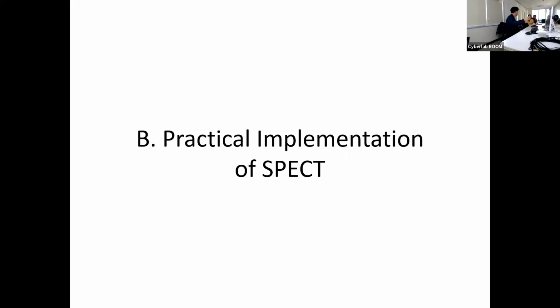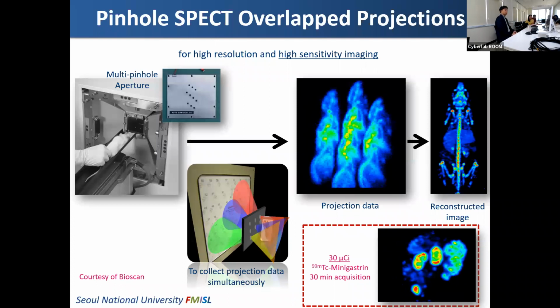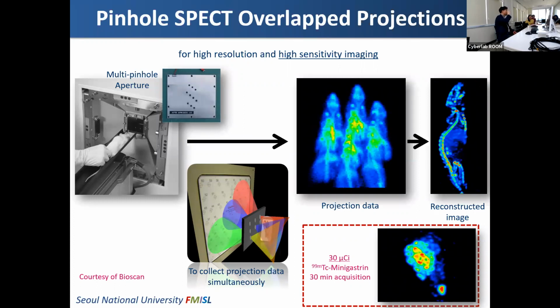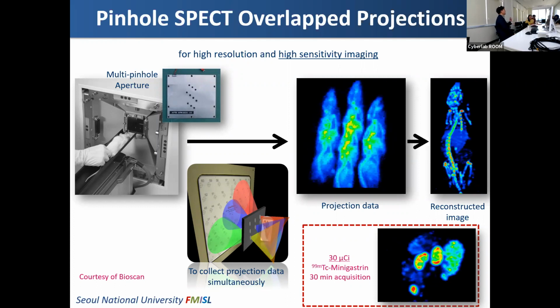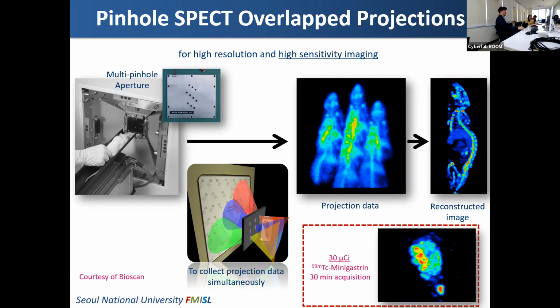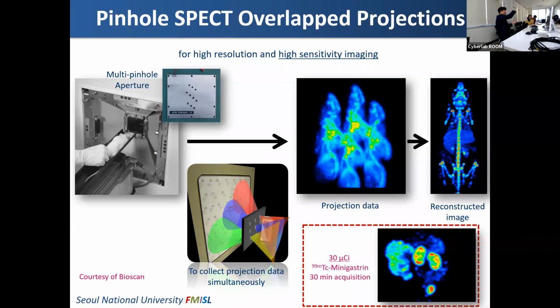Actually, I just know that iterative reconstruction is just to make the images better, but what is it actually? I don't understand. Iterative reconstruction. Actually, I don't have that slide here, but the most conventional reconstruction algorithm is filtered back projection. In filtered back projection, we just back project the angular projections.